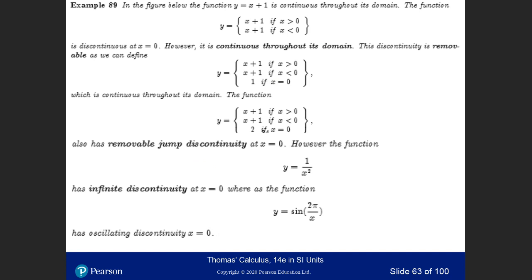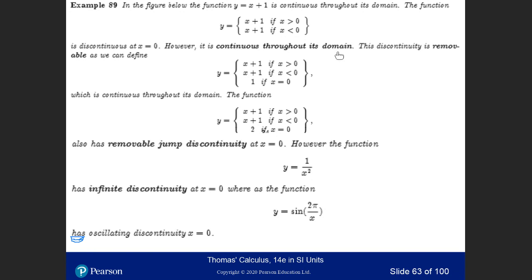Okay, so the greatest integer function is right continuous, not left continuous. Let's look at the function y is equal to x plus 1 over x. That's continuous throughout its domain. As you can see, it is not defined at x equals 0, so 0 is not in its domain. It's discontinuous at x equals 0 because it's not defined.